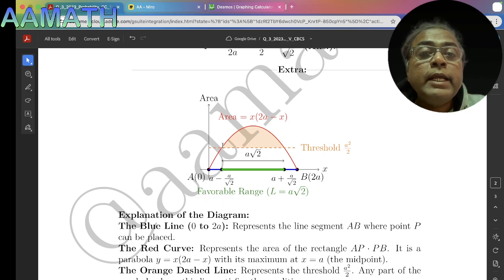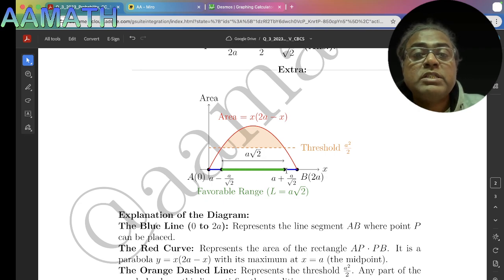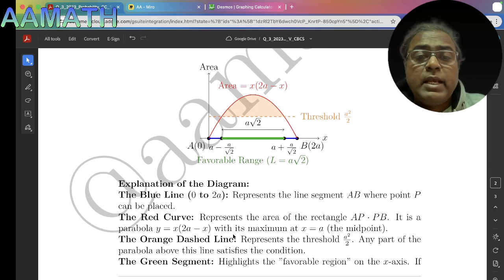For this point, the area is a square by 2, and this corresponding height is a square by 2. This a root 2 is the length of this green segment, the favorable length, and the corresponding height is a square by 2.